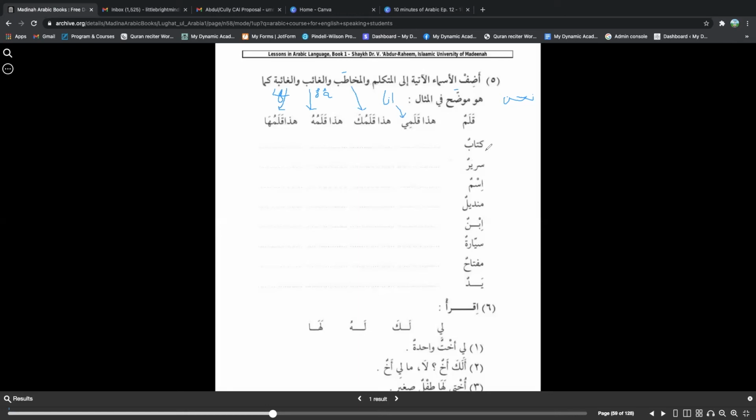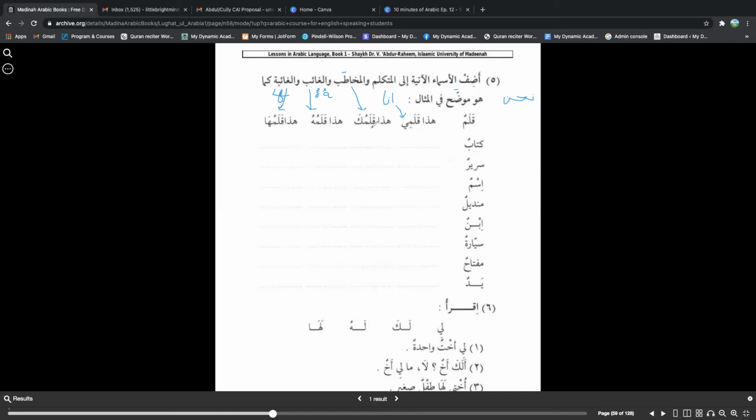So surir. Let's make sure with all these, you can't have tanween when you're adding the pronoun. So like suriruka. Just remember the difference when you're talking about ana: the last letter gets a kasra and you put the ya at the end. So kitabi, suriri, ismi, mandiri, ibni, sayarati, miftahi, yaddi, my hand.